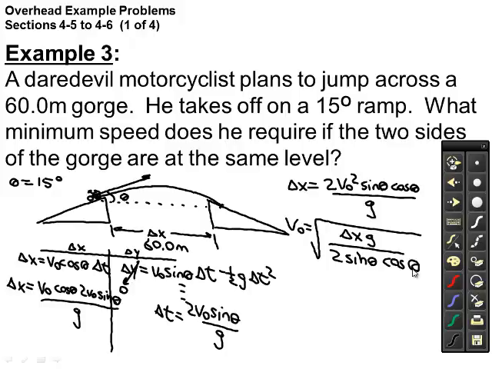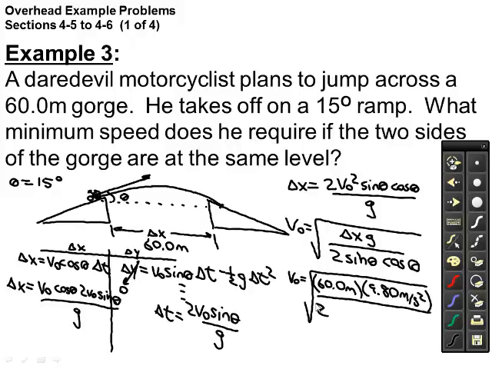Okay. Slide your numbers in. We've got a 60-meter gorge. That's a weird word. Times 9.80 meters per second squared. On the bottom, we have 2 times the sine of 15 times the cosine of 15.